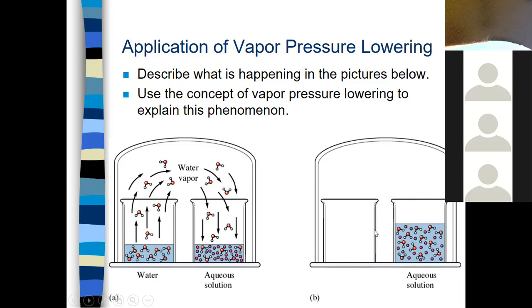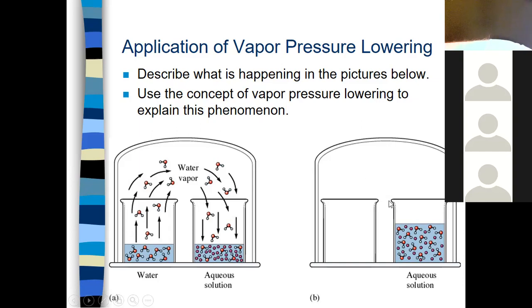Hard to believe. The water beaker is now completely empty. It totally evaporated. But it didn't just evaporate and go into the air, because look at the aqueous solution. The level of liquid in the aqueous solution has gone way up. So it's as though somebody reached in and poured the water into the solution.